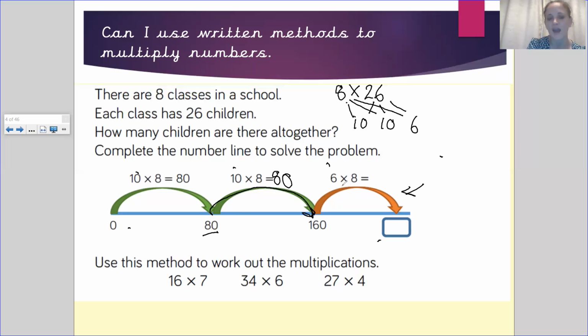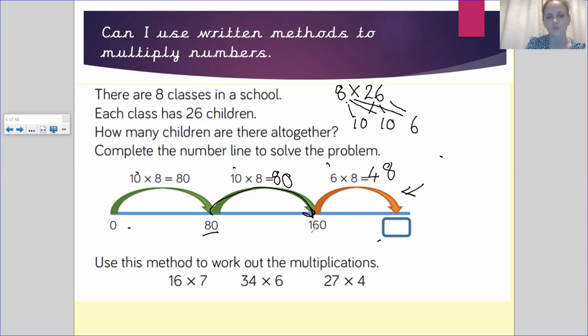And then working out 6 times 8 should give you an answer, and then you add that on to 160. And we know from our times tables that 6 times 8 is 48.